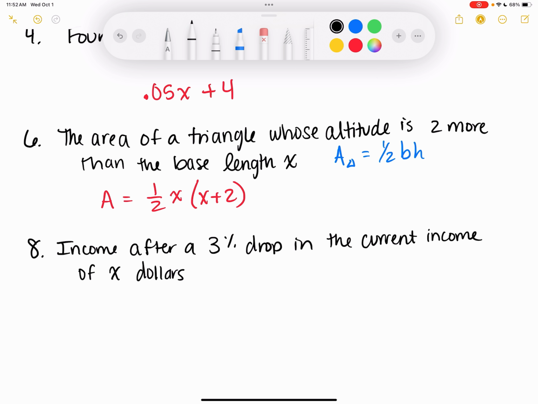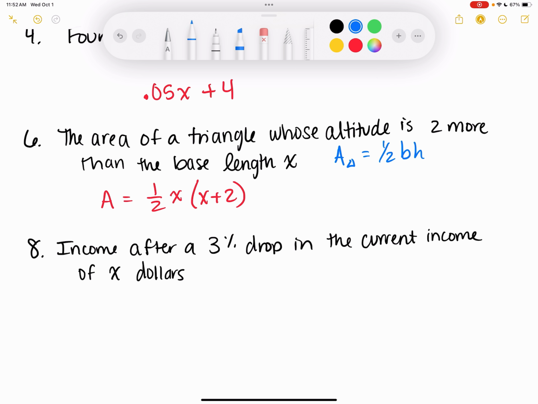This is not just x times 0.03. It's 0.97. Why? Because income after a 3% drop in the current income means what we're getting paid is 97% of the income currently.